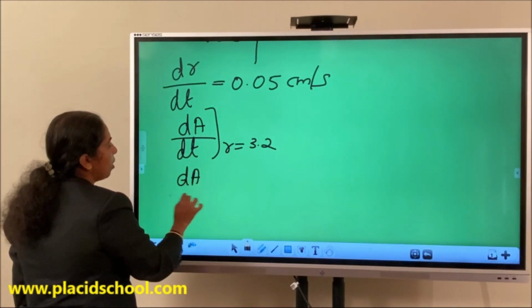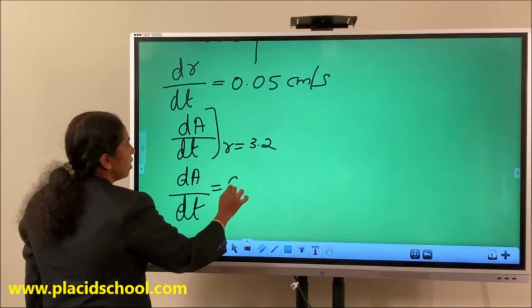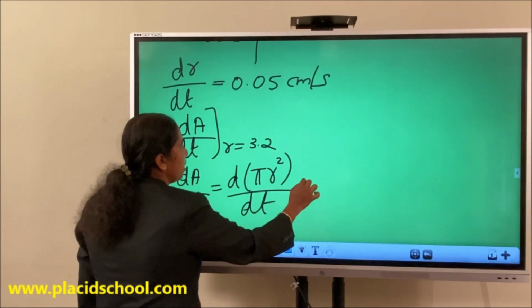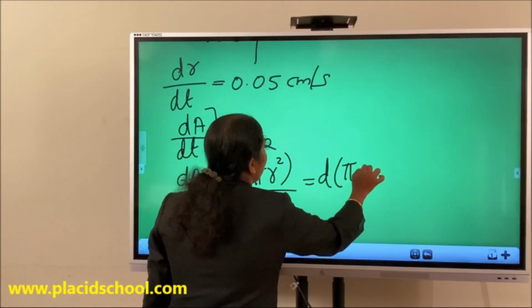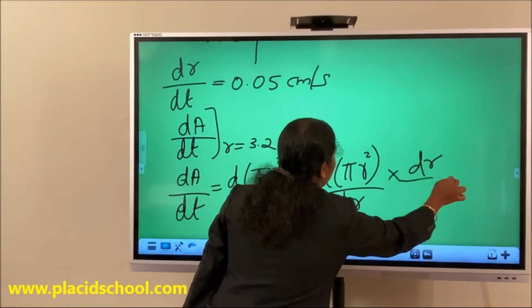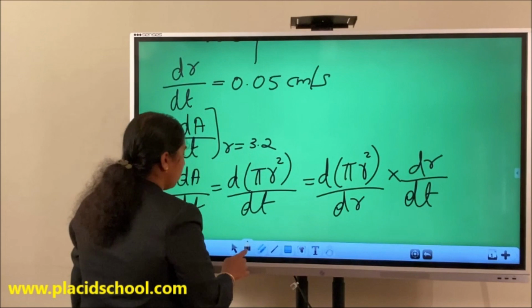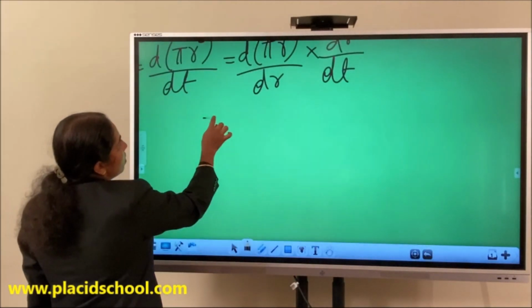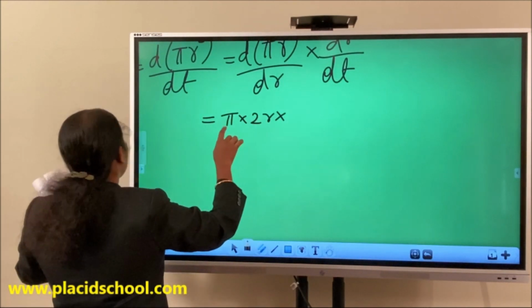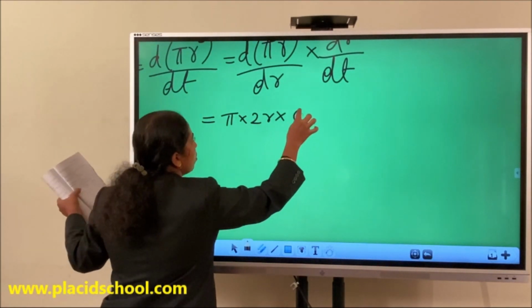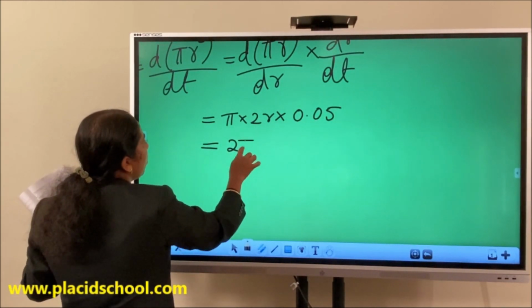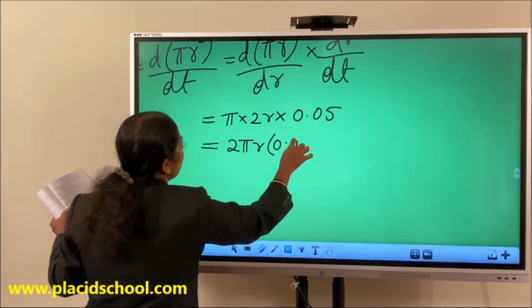So dA by dt is derivative of pi r square with respect to radius into dr by dt. This is equal to pi into 2r into 0.05, which is 2 pi r into 0.05.